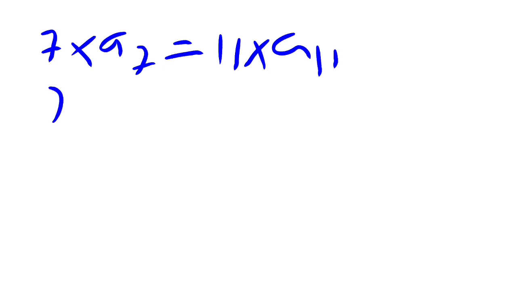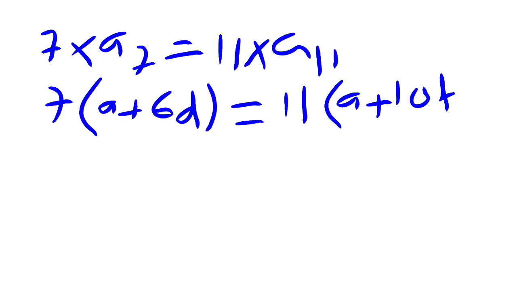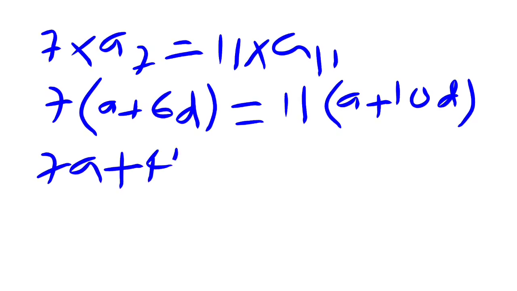So 7 into, here take the bracket, a7 means a plus 6d. a plus 6d, it is equal to 11 into a11, so a plus 10d. So now multiply 7 inside, 7 into a is 7a plus 7 6s are 42d.